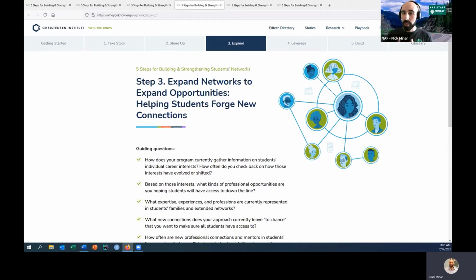Educators and those of us at NAF know we want students to make those industry connections, and we know it's an issue when they don't. But students also know it's an issue. So can you comment on what you've seen be successful in that domain, or how can we help students make those new industry connections?